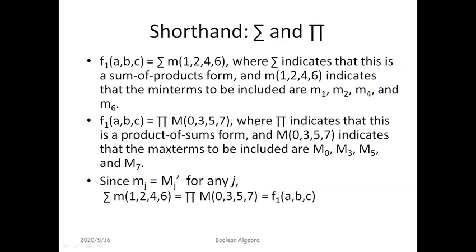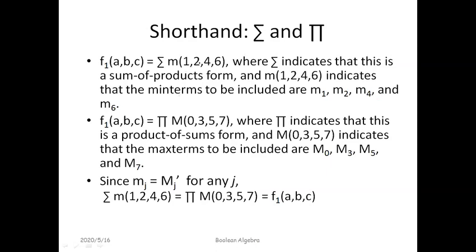So we use these 2 letters, the sigma and the pi. So F1 ABC is equal to sigma m, 1, 2, 4, 6, where sigma indicates that this is the sum of products form, and m, 1, 2, 4, 6 indicates that the mean terms to be included are M1, M2, M4, and M6. Okay, so this is a representative.